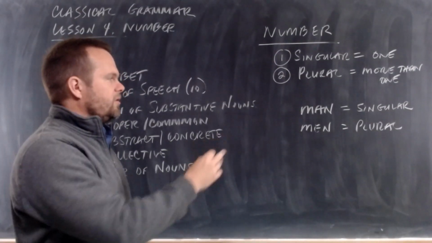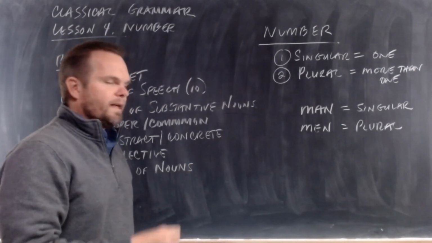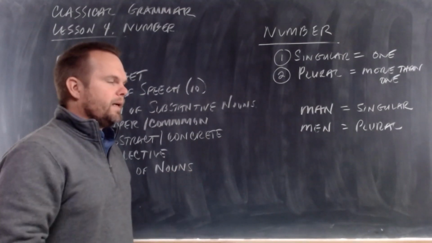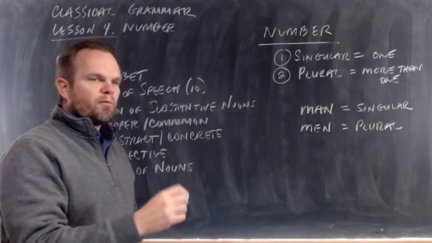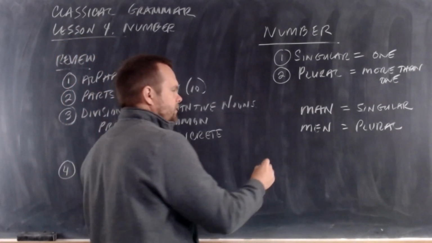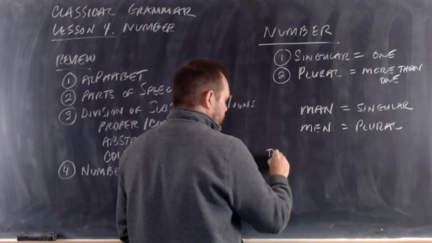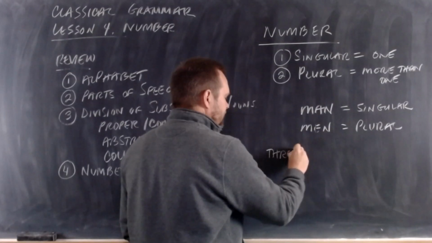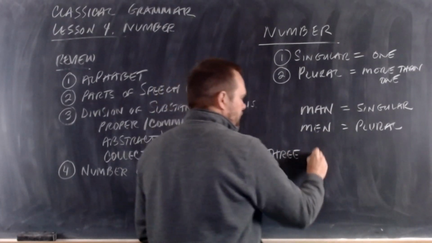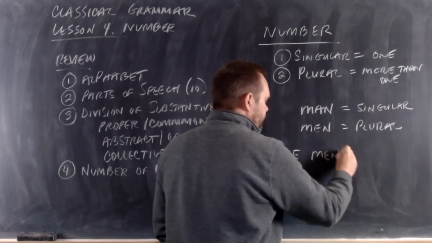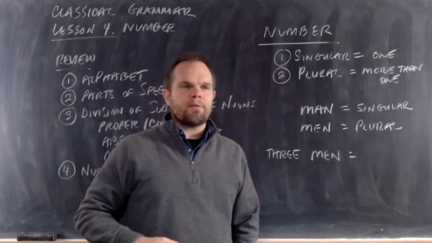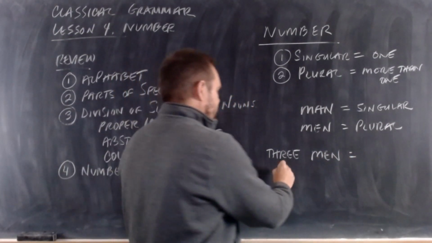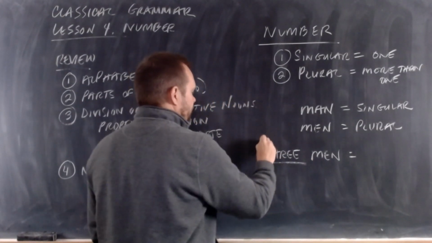We show that we're talking about more than one, or naming more than one man. But if I want to be specific and say 3 men, what I do is I add an adjective. So 3 would be an adjective to the plural form, and that tells me a specific plural number. So we express a specific plural number by adding an adjective.